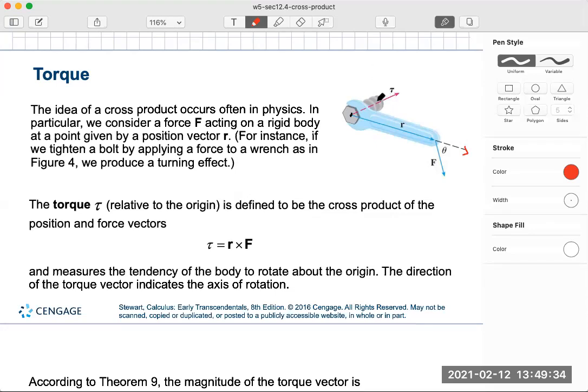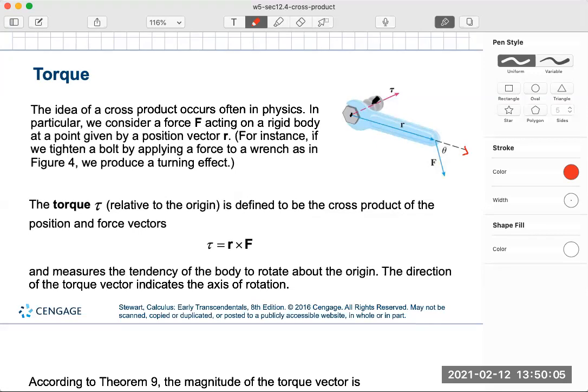Torque tau here. You see it? Right-hand rule. Okay. This is R, right? R pointing this way, and F is pointing this way. Therefore, the torque tau should point like this. Imagine it yourself. So master your skill of observing the right-hand rule.